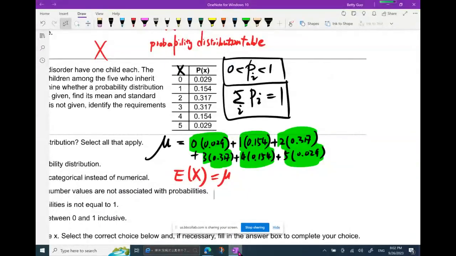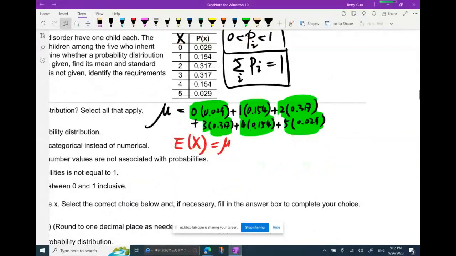Now let me show you how we find the standard deviation. Remember, for a sample, we use S to represent the sample standard deviation, right? But we are talking about a population. X is a population, so we use a different notation.